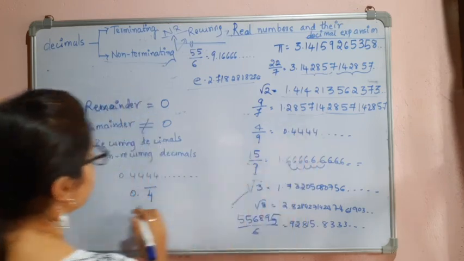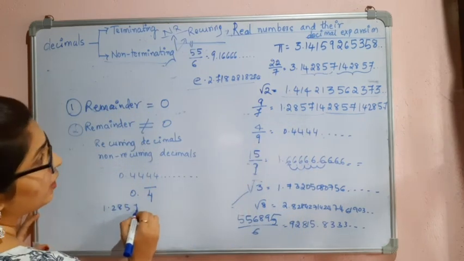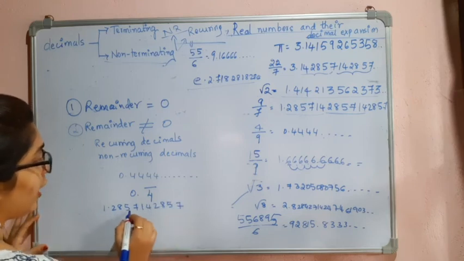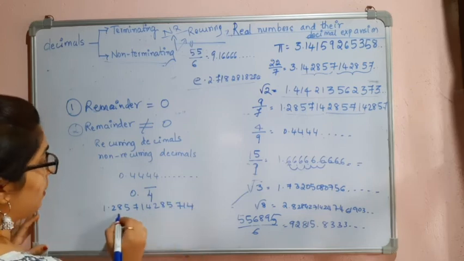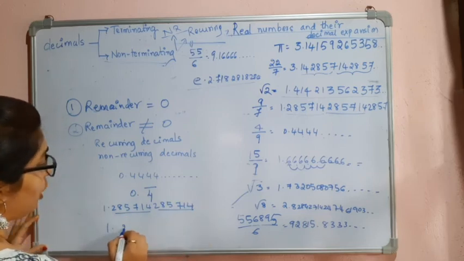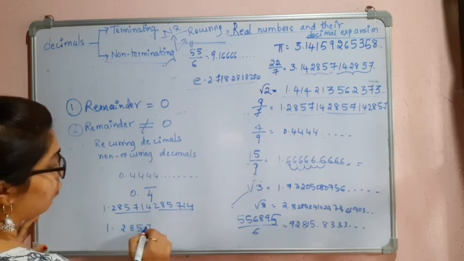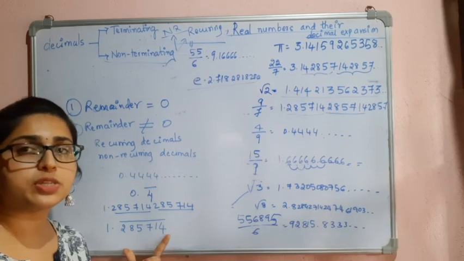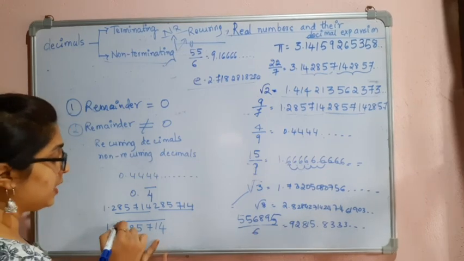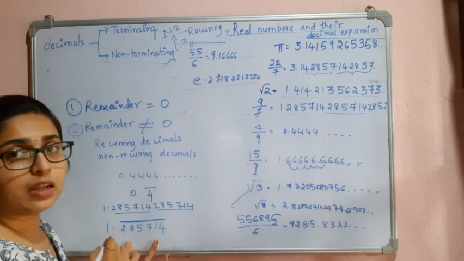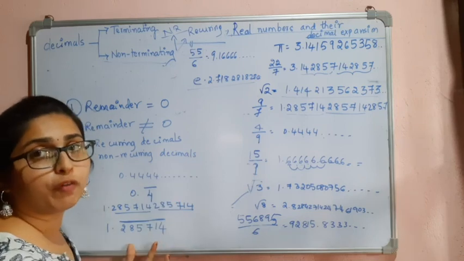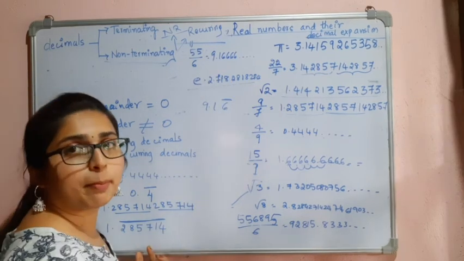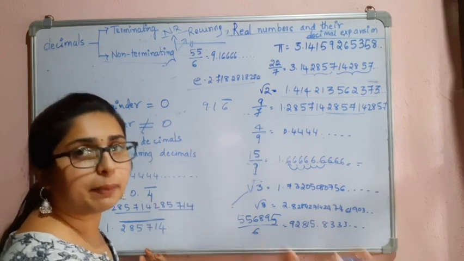Then 1.285714285714, this is repeating, so I can write 1.285714 and write the bar above these digits. For a string of digits which is repeating, you write a bar above it. If a single digit is repeating, it is 0.4 bar. Here 9.16 bar above 6, that means 6 is repeating.